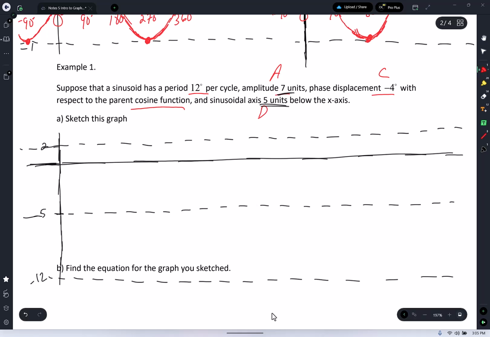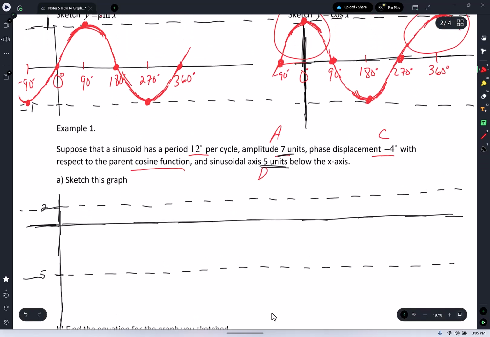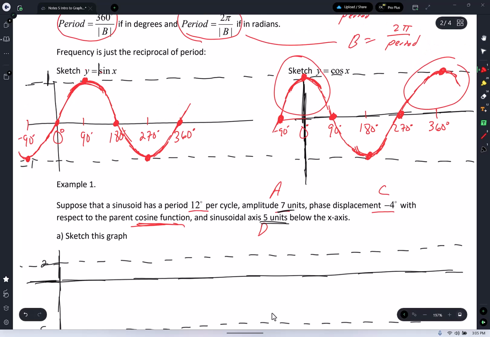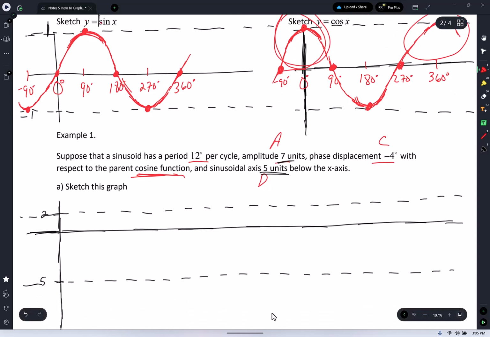All right. Look what it says, guys. Okay. Everyone put your pencils down. It says with respect to the parent cosine function. I want you to notice that the cosine function has a peak right on the y-axis. Do we observe that? So I'm going to move 4 degrees to the left of the y-axis, and I'm going to put a point at the max.